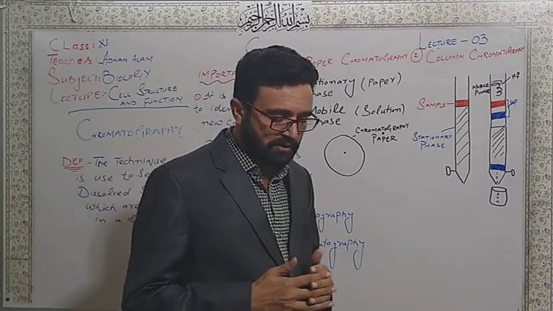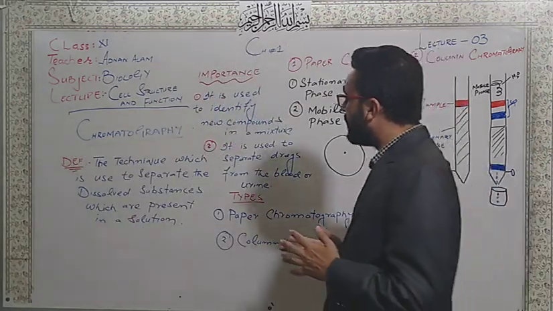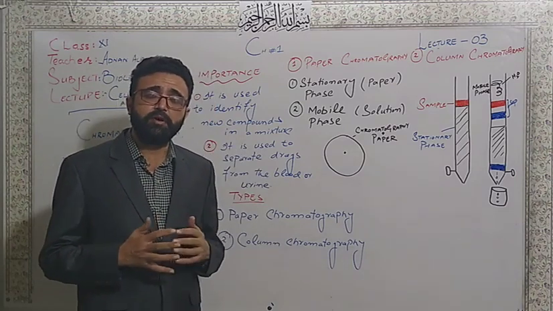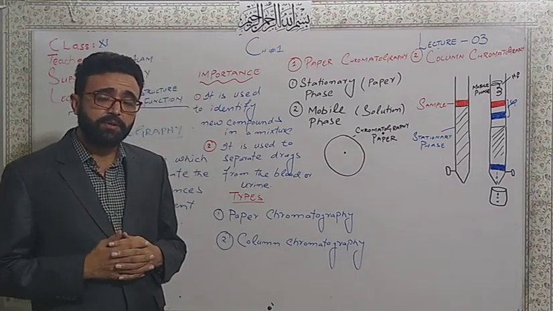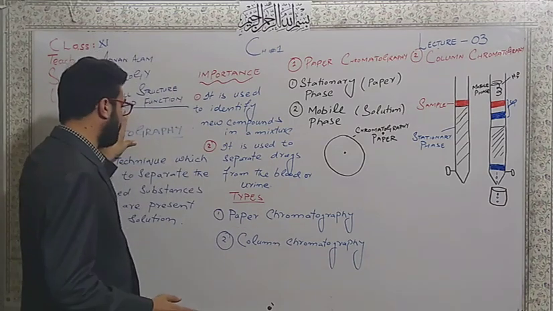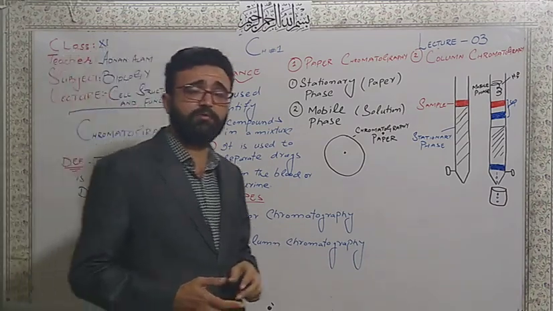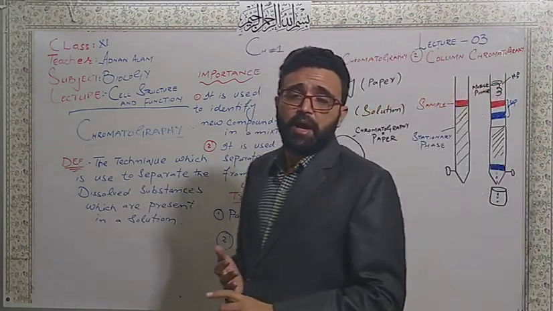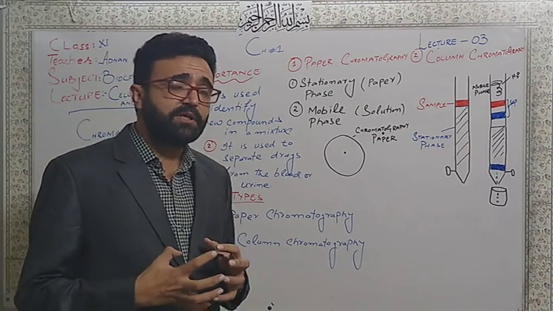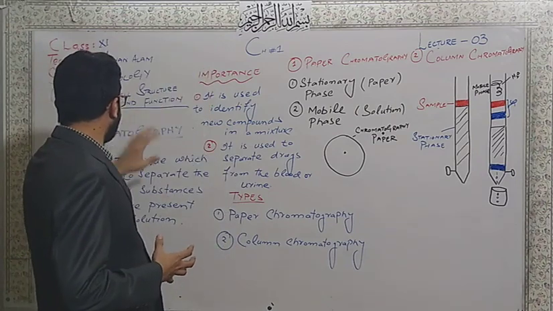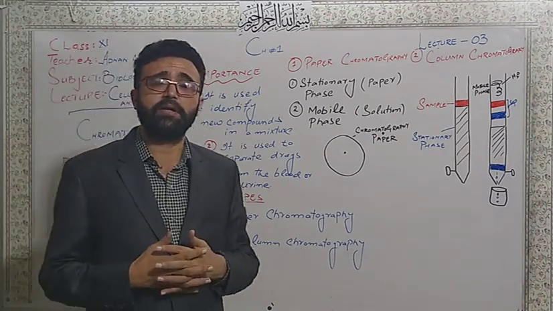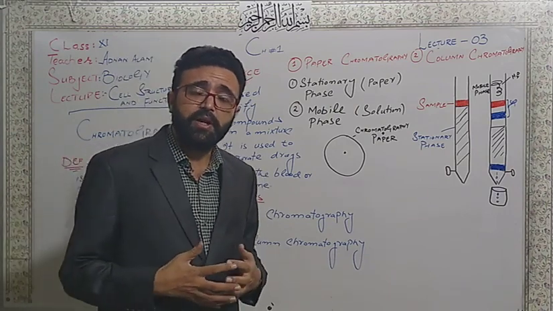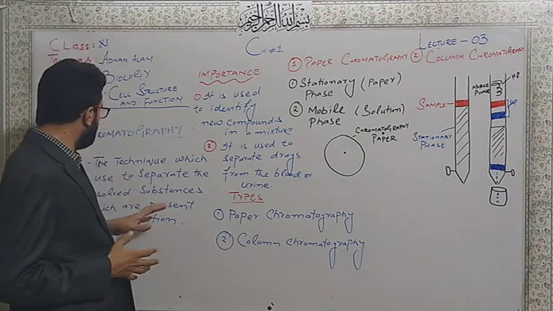First, it was used to separate only colored pigments. The different pigments were being separated on the basis of chromatography. But in today's world, chromatography is widely used in phytochemistry, and now this is a collective technique used by chemistry and biology. It is very important in biochemistry.